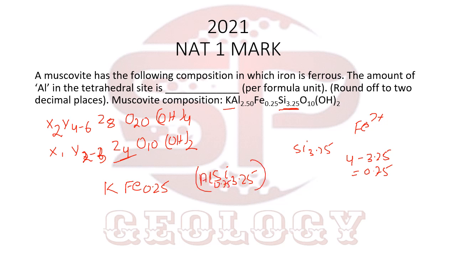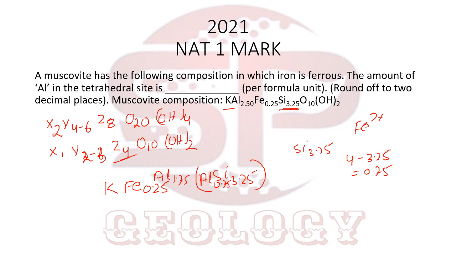So it will add up to 4. Then the rest of the aluminum, that is aluminum 1.75, will be in the octahedral site.